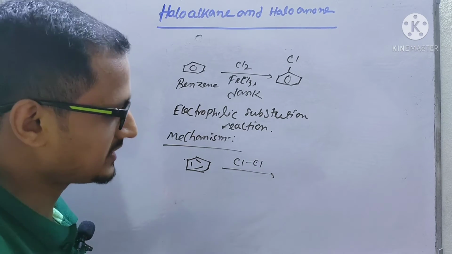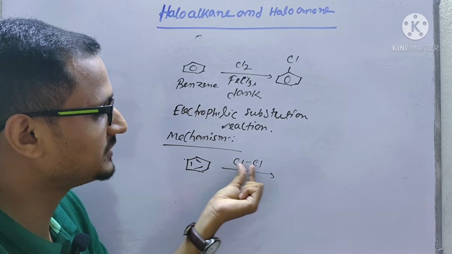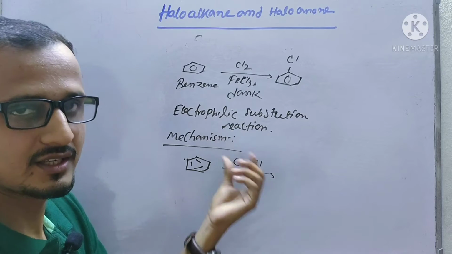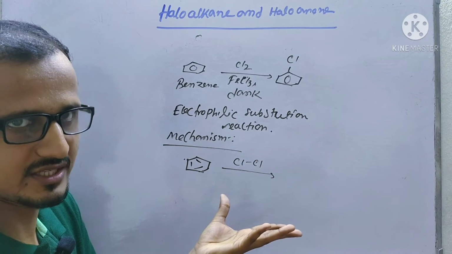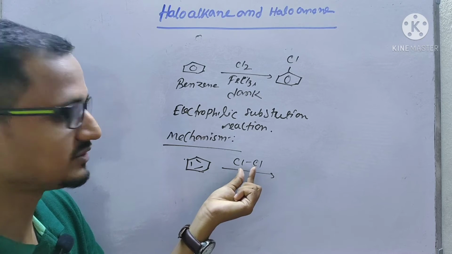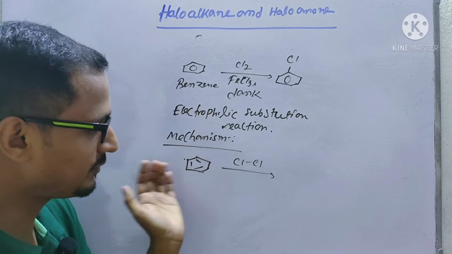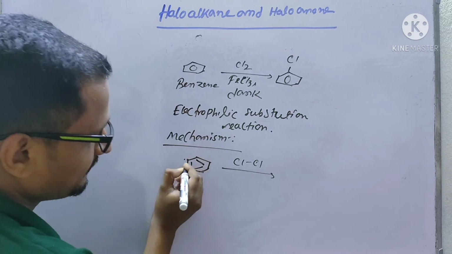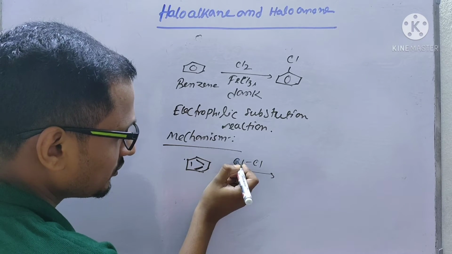Now there is no difference between the electronegativity of these two chlorines, since both are chlorine. So normally this bond is not polar, but when this benzene approaches this chlorine, as this one is a pi bond, it is making an opposite pole on the chlorine here.